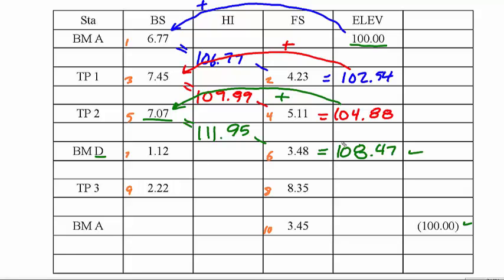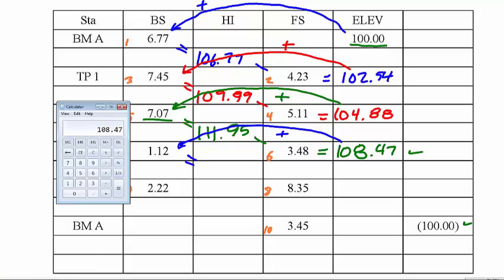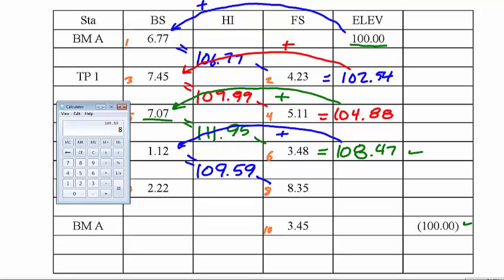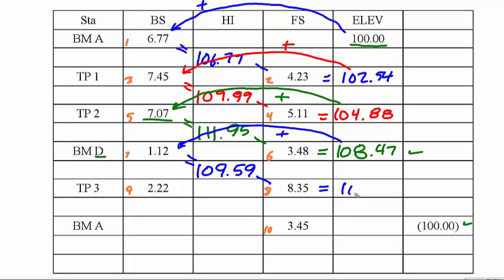We're going to add the backsight reading to the backsight elevation, and 108.47 plus 1.12 gives 109.59. I'm going to subtract 8.35. That's the foresight, 8.35. And I get 101.24.